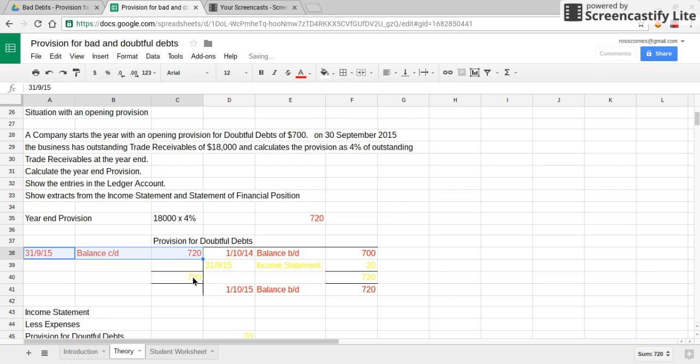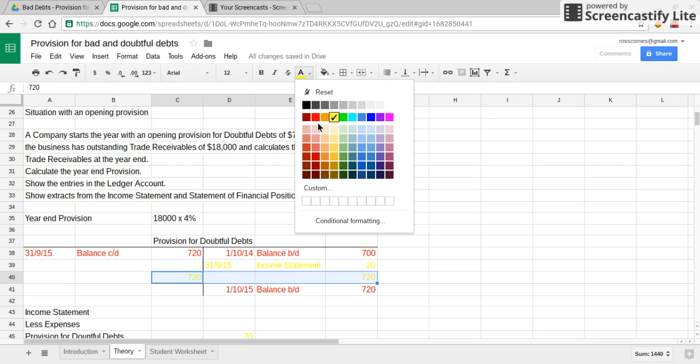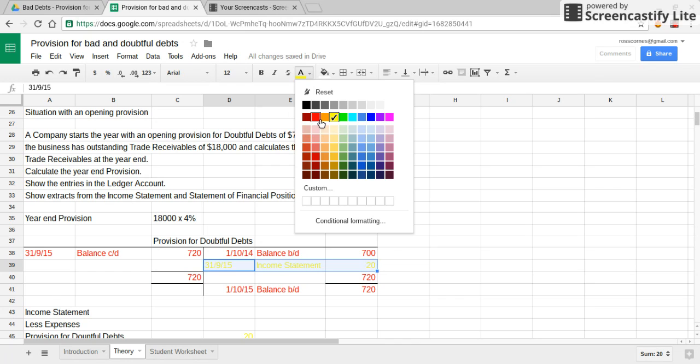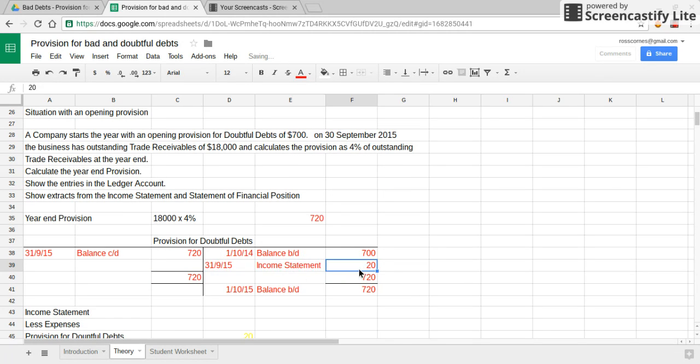So balance carried down. And now we've got a bit of a problem because the debit side in this case is bigger than the credit side. So because it's bigger than the credit side, the extra amount will appear in the income statement because it is an expense, because we need to put a credit entry into the provision for doubtful debt account, and that's for the difference between the two.